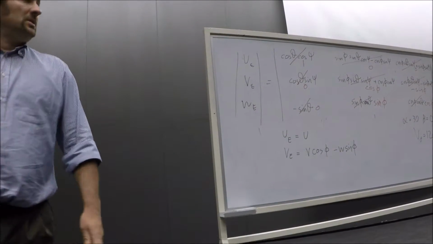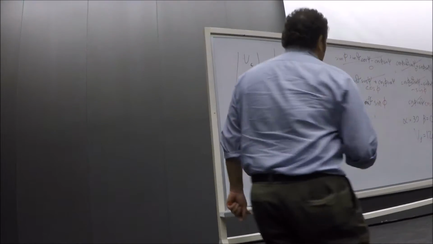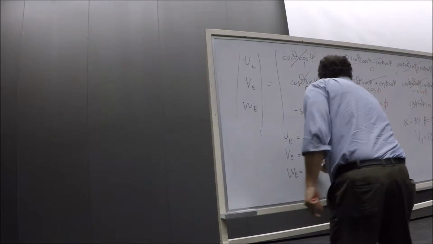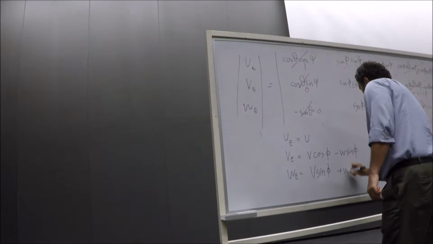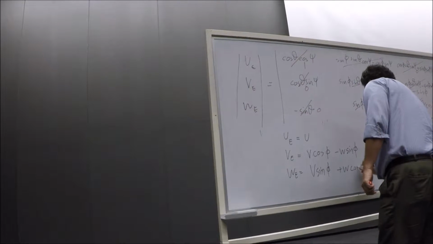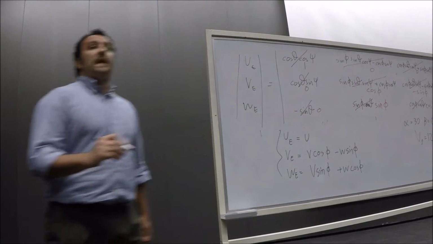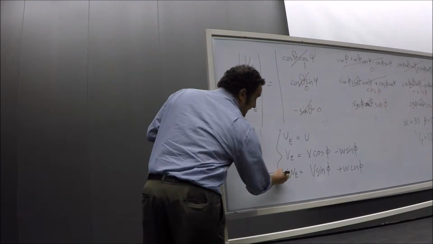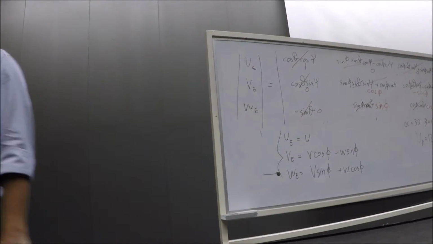Okay. Do I need to do, yes, I need to do WE, which is minus V sine phi plus W cos phi. Okay, so what we are interested in for the question is this last term, the vertical velocity.